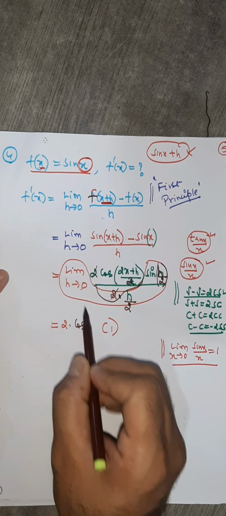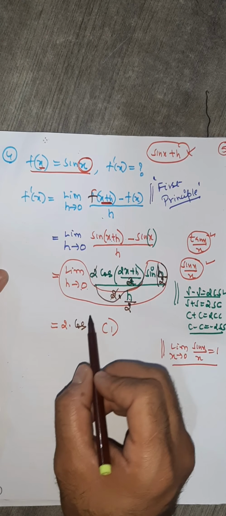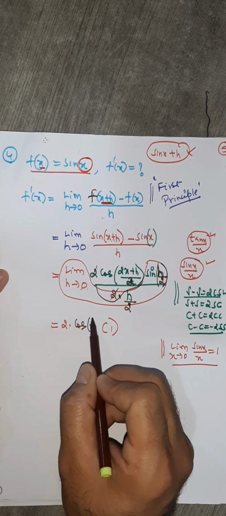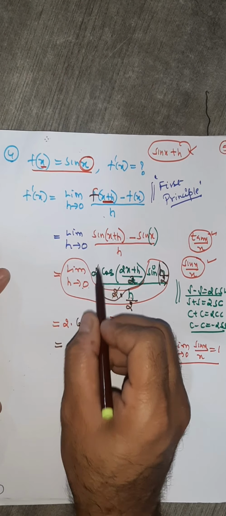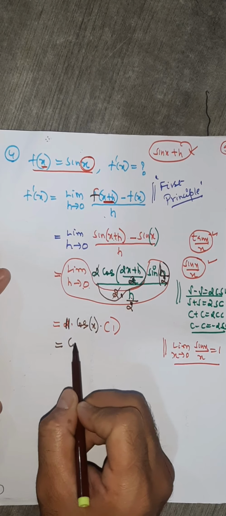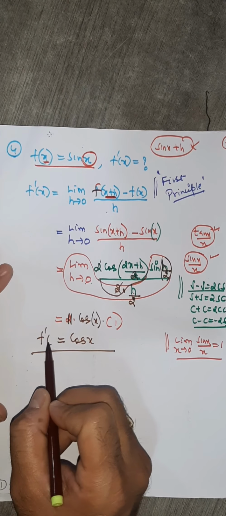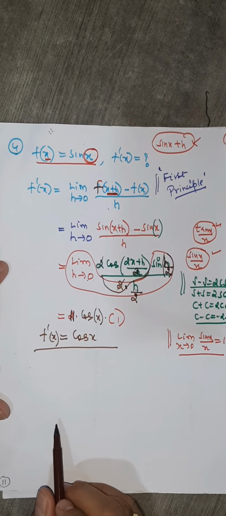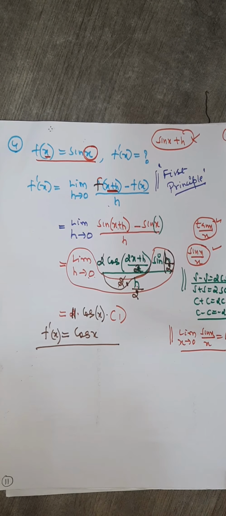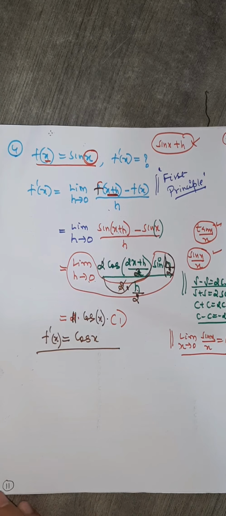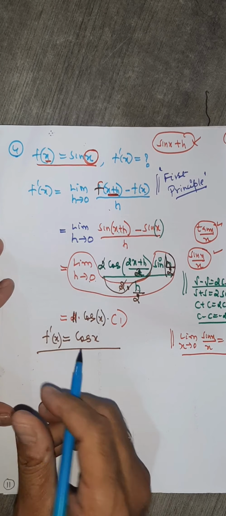And you have cosine, apply h tends to 0. So 2x by 2, which is just cos x. This 2 will get cancelled. So now this is just cos x. So what have you shown? Derivative of function f with respect to x is nothing but cos x.